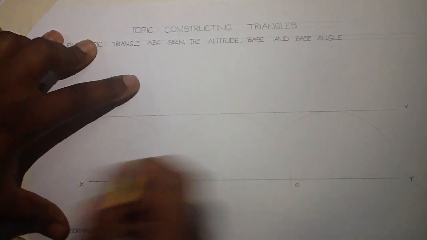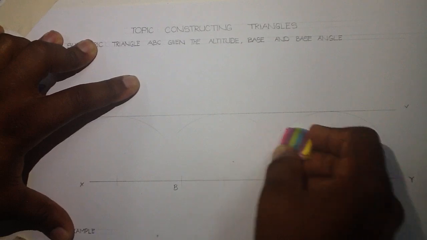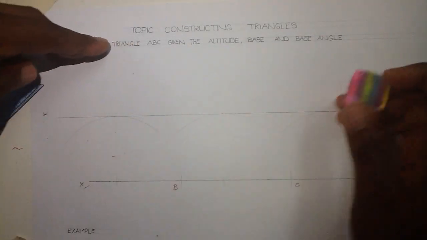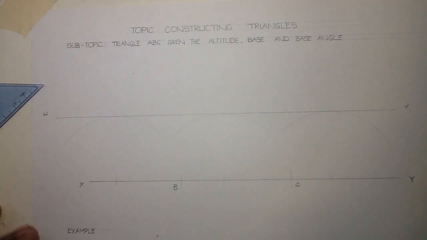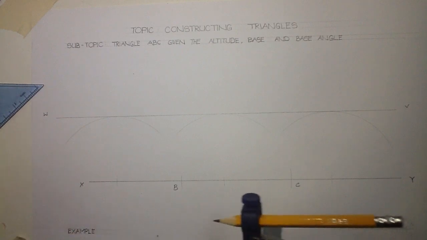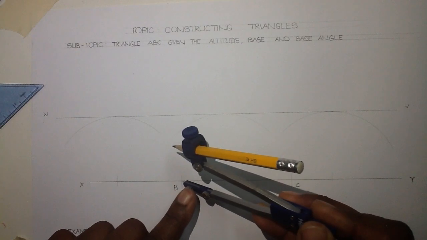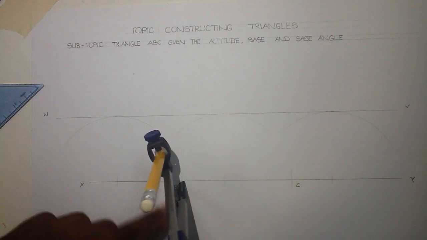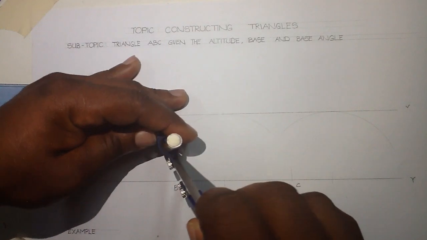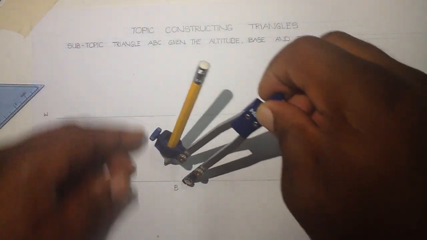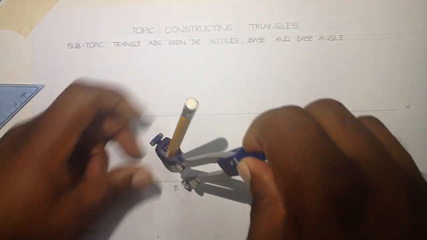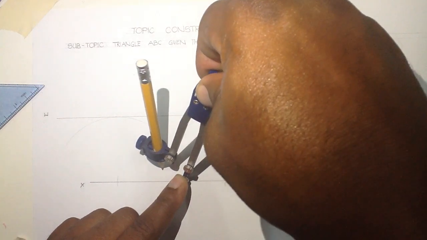I'm only going to erase the unnecessary construction lines to keep our drawing nice, neat, and with very little confusing lines all over the place. So using point B as my center, because this is where the angle is going to be constructed, and a conveniently small radius of my choice, I'm going to inscribe an arc.